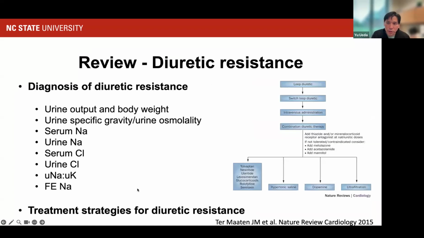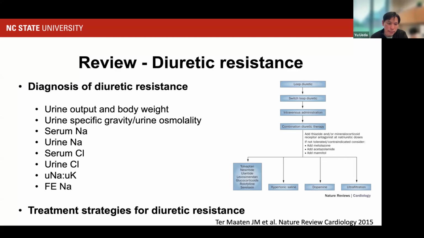So how are we going to diagnose this resistance to diuretics? There are multiple diagnostics or information we can get from the patients. Of course, the traditional and classical way of diagnosing it is based on the urine output and the body weight changes after giving a diuretic such as furosemide. You can also measure the urine specific gravity or urine osmolarity.